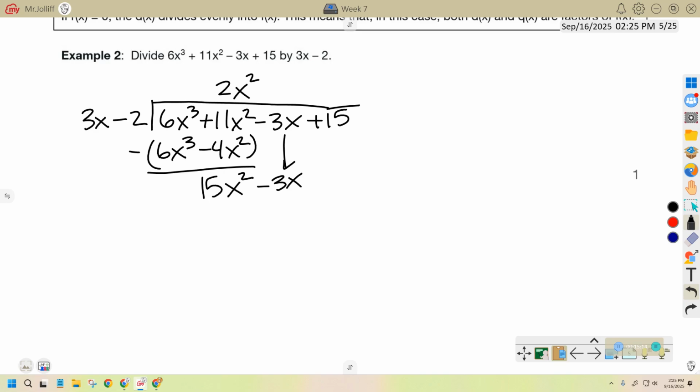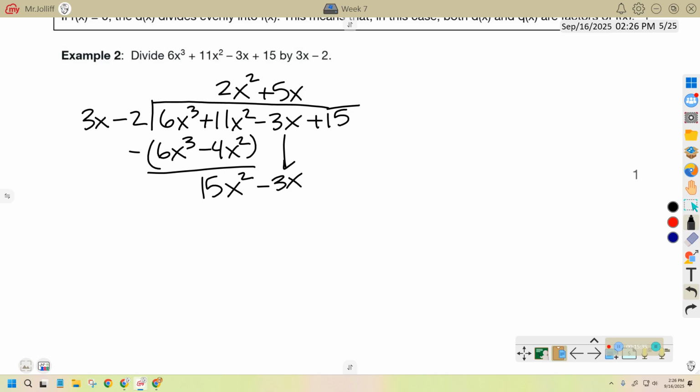How many times does 3x divide into 15x squared? So 3 goes into 15 how many times? 5. It's a positive 5. And x squared divided by x should be x.